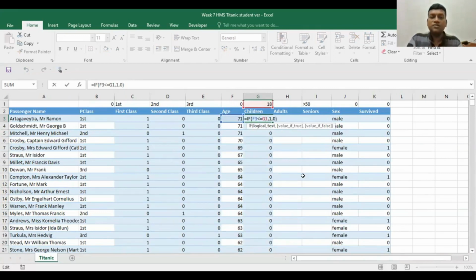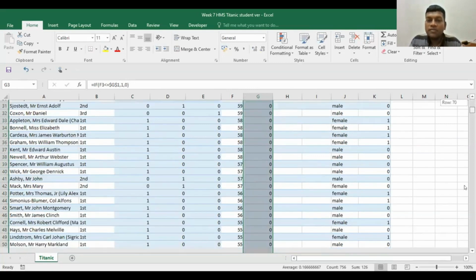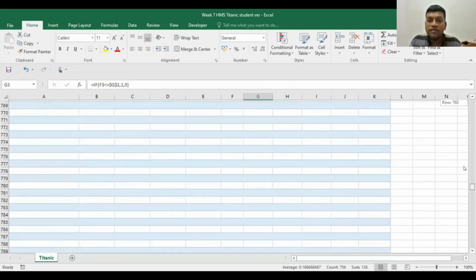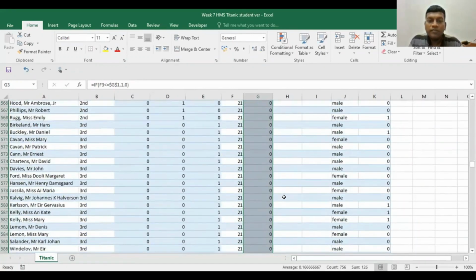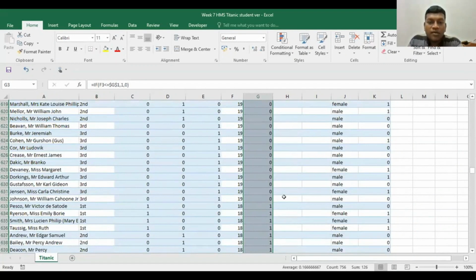Locking, and copy this down. Let's check. Okay, that's fine. It's giving a 1 the moment it is 18 or less. Everything else is 0.